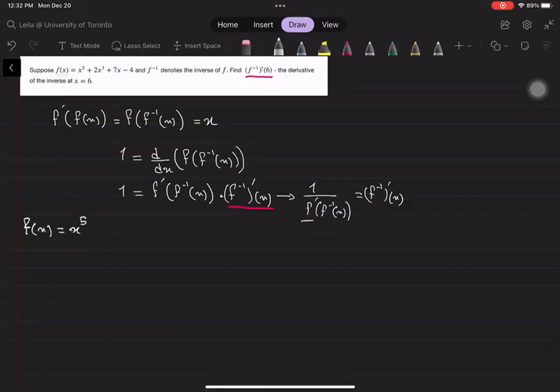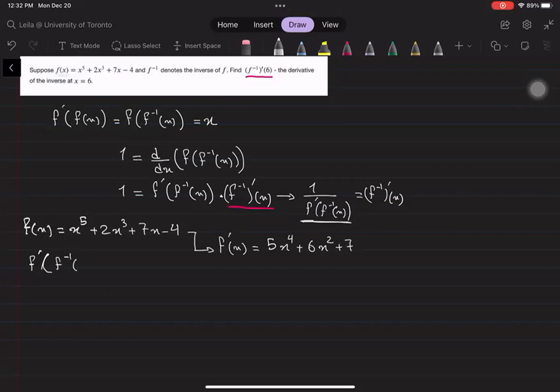And so here we have f of x is x to the power. So f prime of x is going to be 5x. And then here we want f prime of f inverse of 6, right?